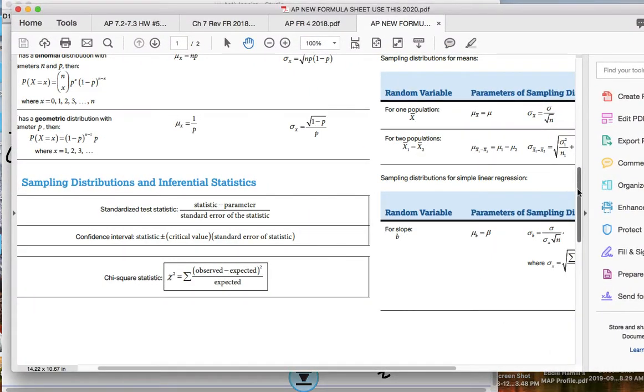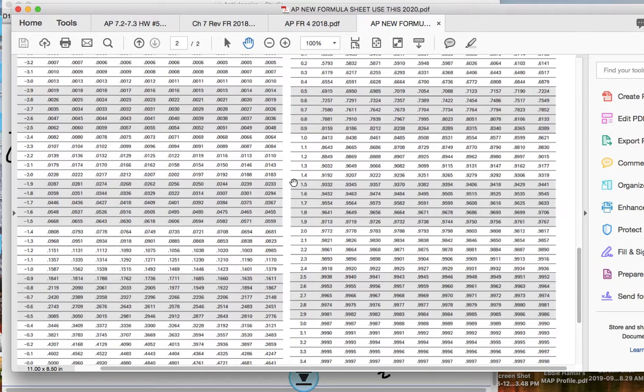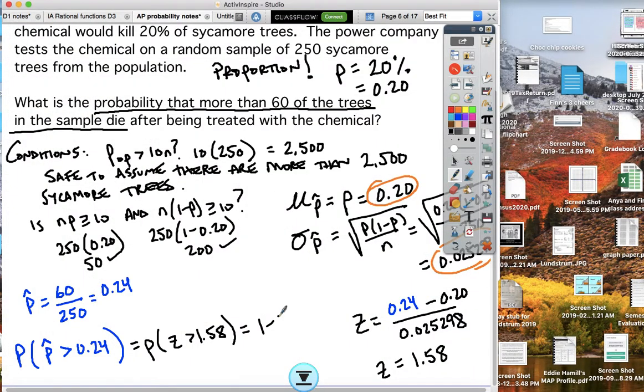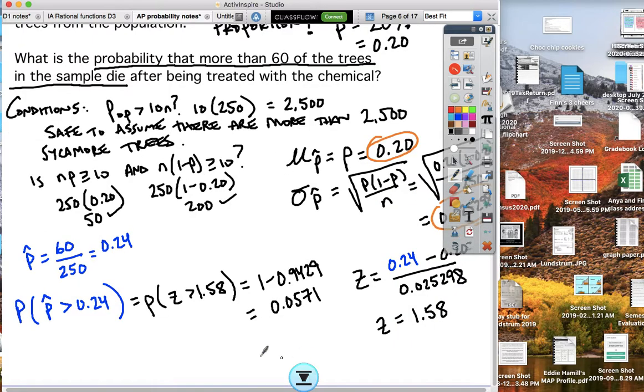We're going to look for 1.58, which is right here at 0.9429. And when you subtract that from 1, you get 0.0571. So the final answer to this, the probability that more than 60 of the trees in the sample die, is 5.71%.